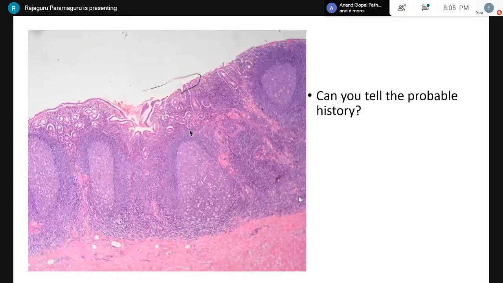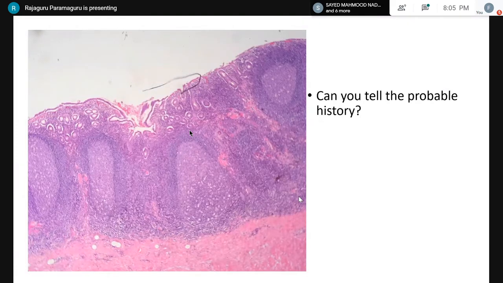So when you get a biopsy from the pouch, you have to keep in mind diversion colitis also. This is mainly due to the absence of short chain fatty acids, because the food and the microbiota is diverted from that particular segment. So you will get changes like this.